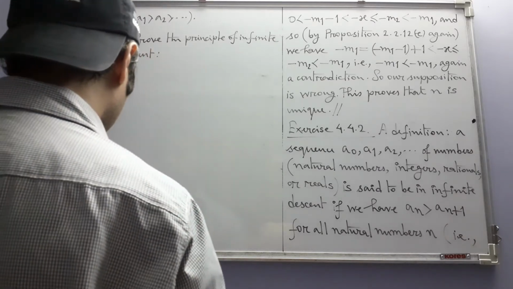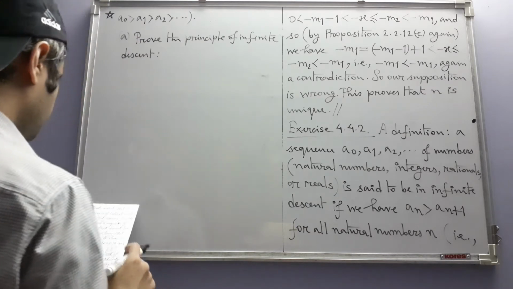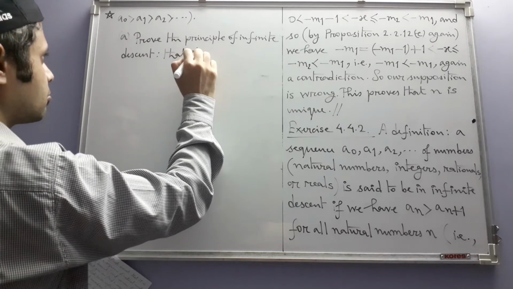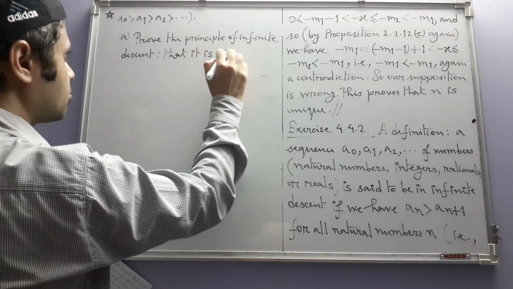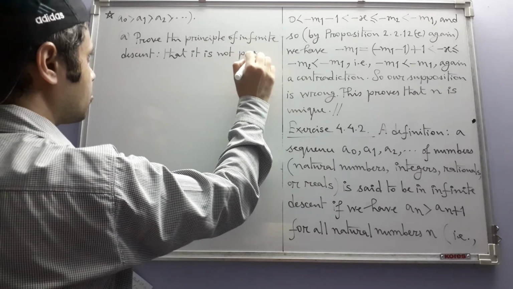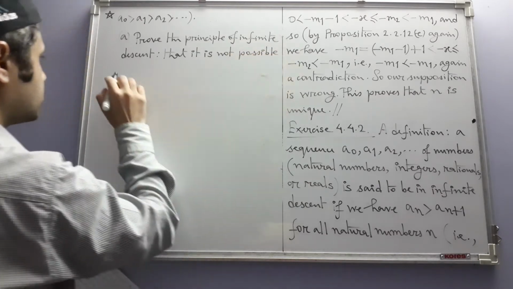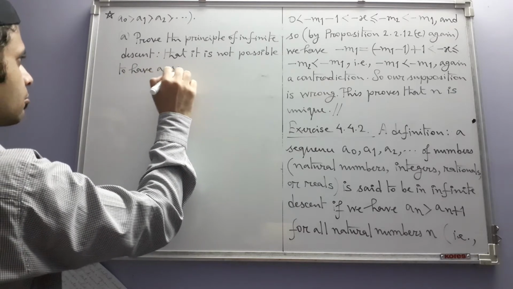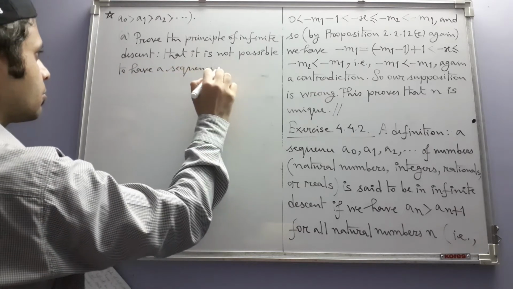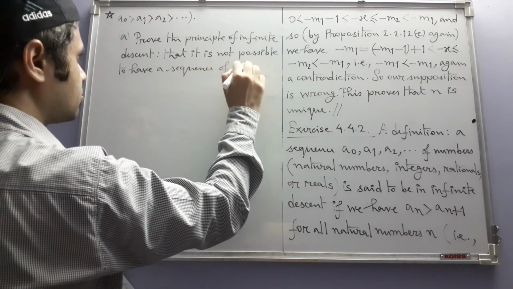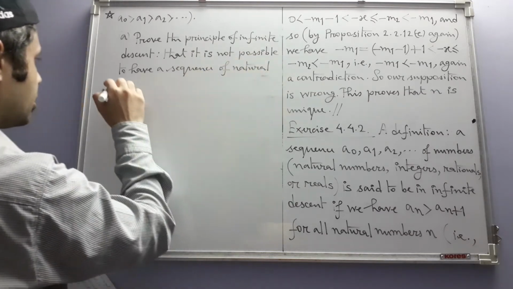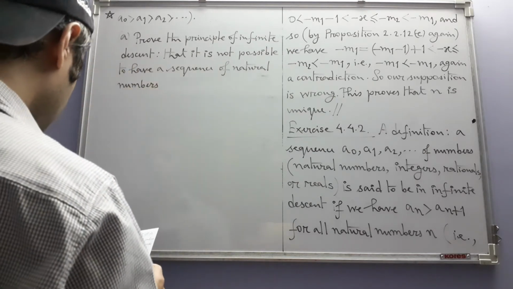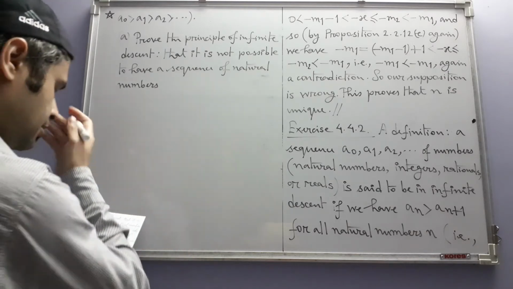And the principle is simply this, that it is not possible to have a sequence of natural numbers which is in infinite descent.